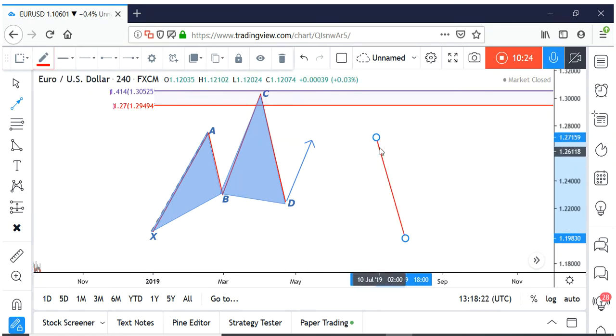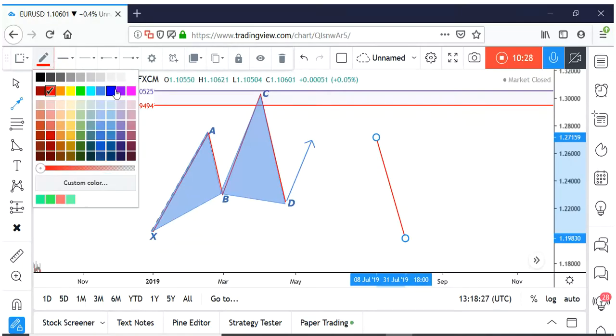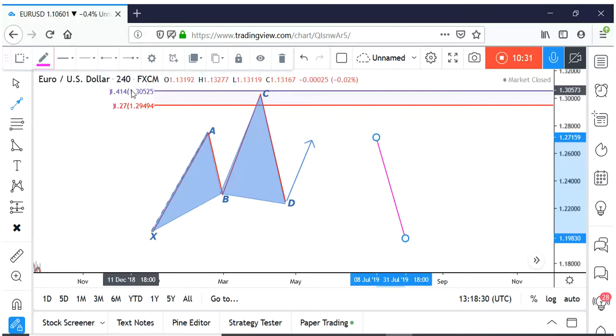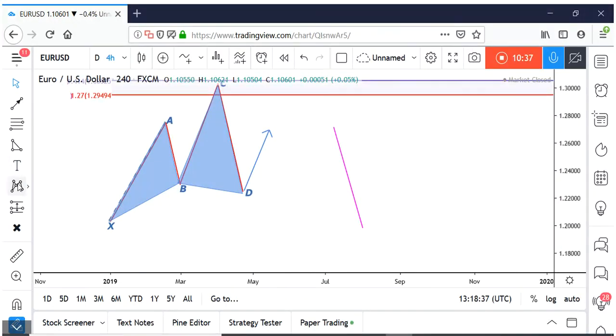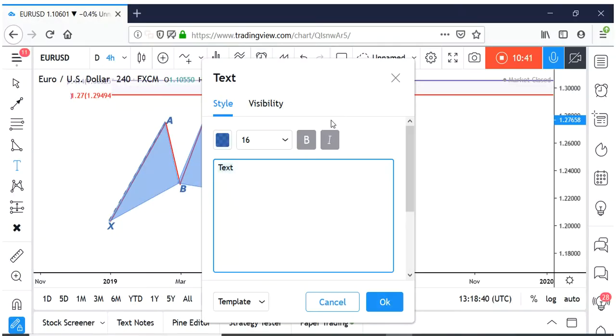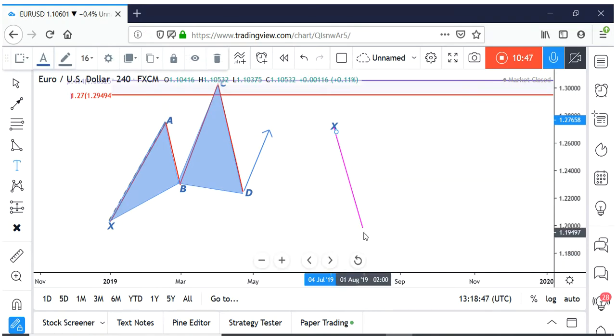So get that first move downwards. So this is our X, and this is our A.